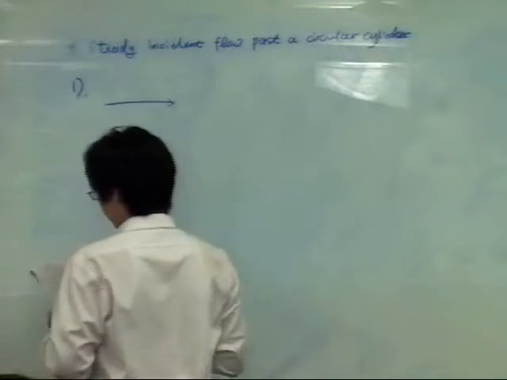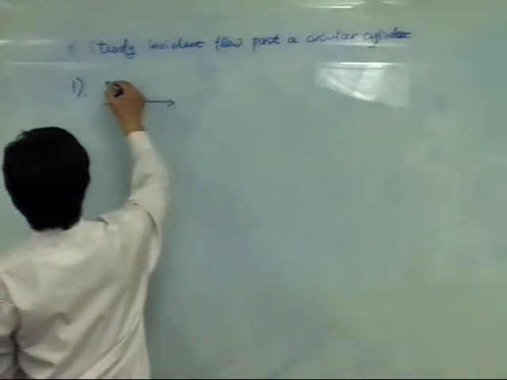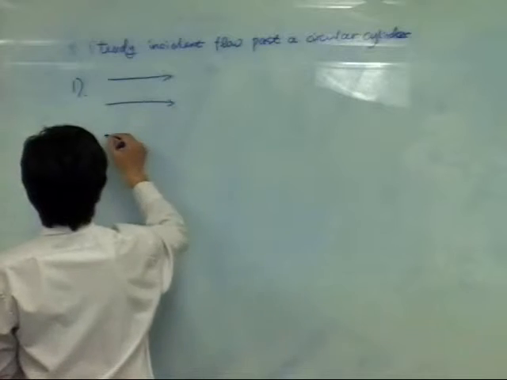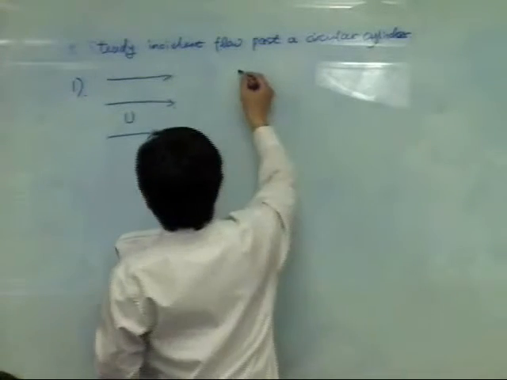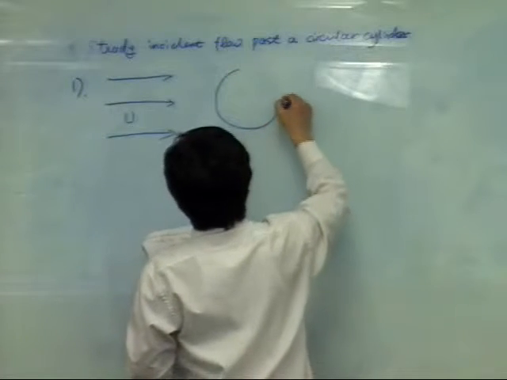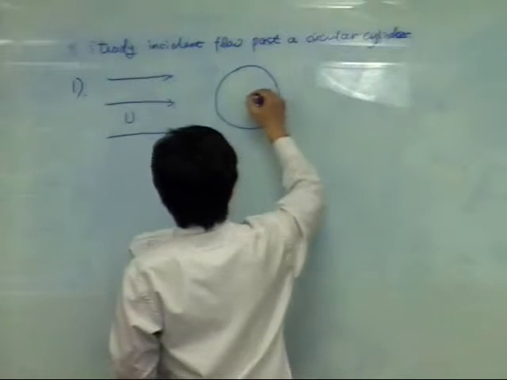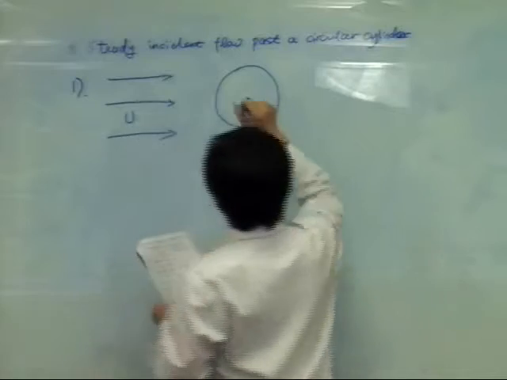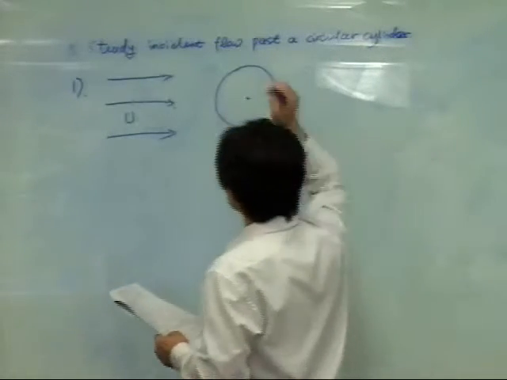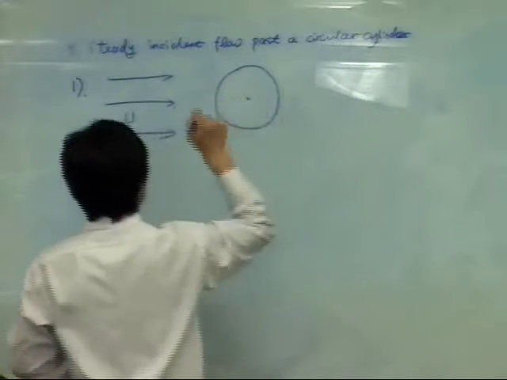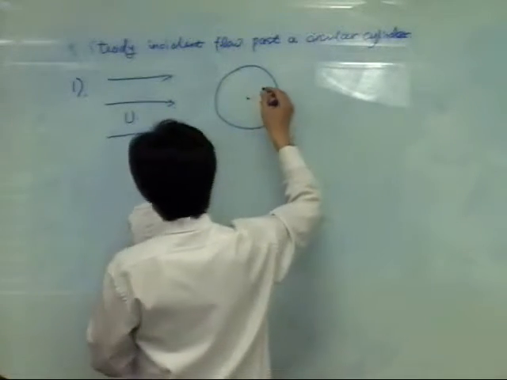Okay, this is a steady incident flow with velocity U passing by this circular cylinder. This is two-dimensional. Assume infinite length in the direction perpendicular to this board.